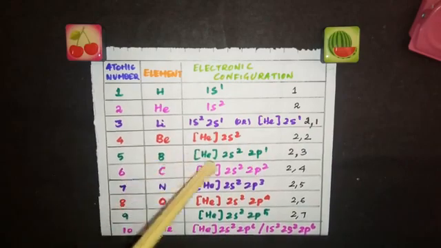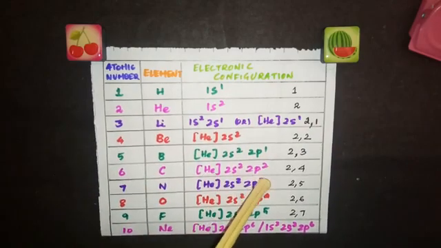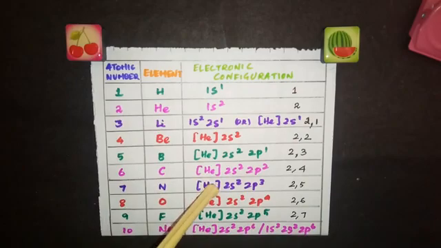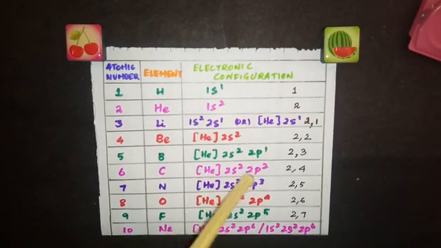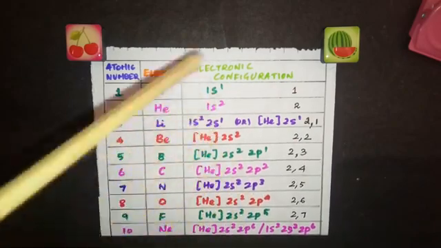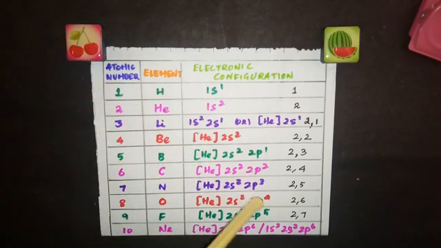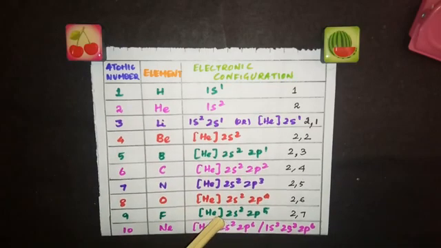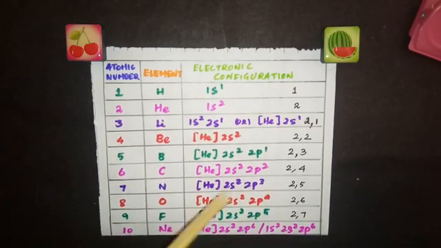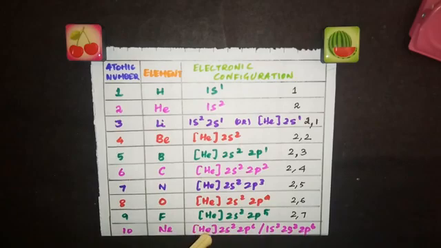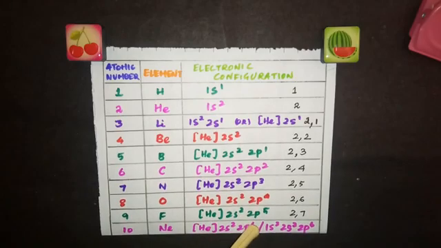For carbon, 1s2, 2s2, 2p2. For nitrogen, in the same way, 1s2, 2s2, 2p3. As the number of electrons increases, we keep on adding electrons to these orbitals. For fluorine, 1s2, 2s2, 2p5. And for neon, you have 1s2, 2s2, 2p6.